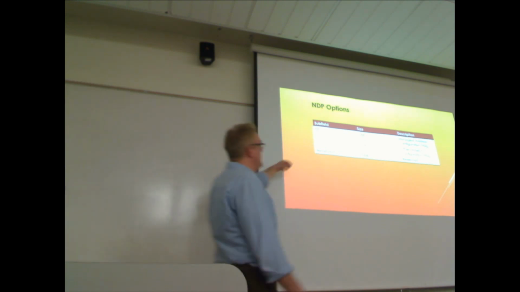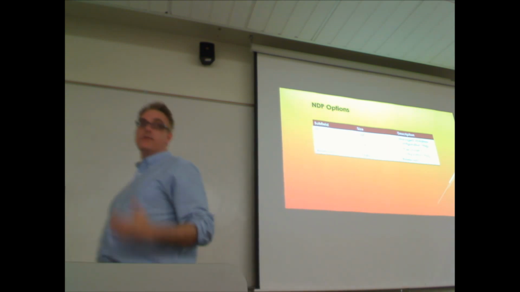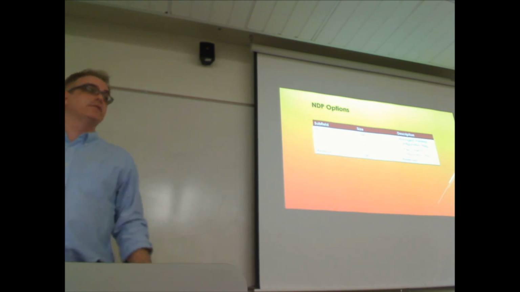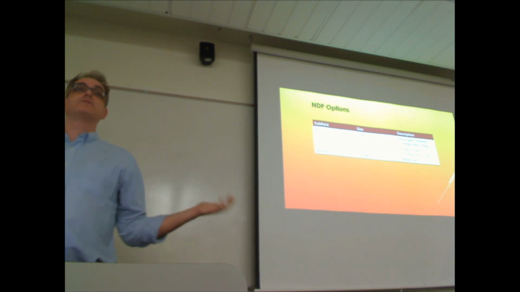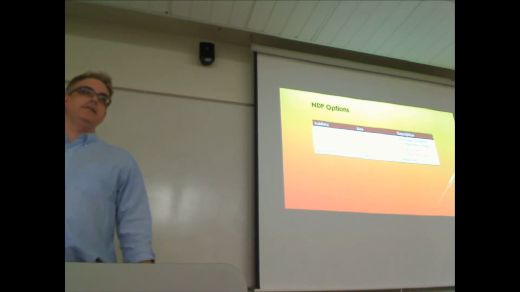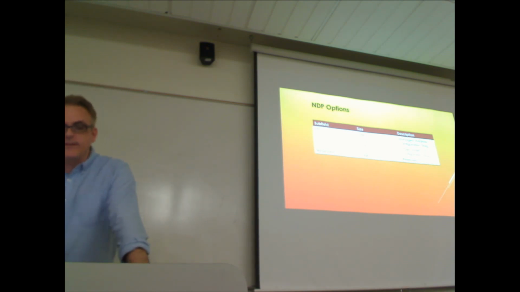The O is other, okay? And this basically tells the host that when it receives a router advertisement, if this flag is set to 1, then you're letting the host know that if there's other information that you need, get it from a DHCP version 6 server, all right? And that's what those flags are for, and then the remaining 6 bits in that byte are reserved.